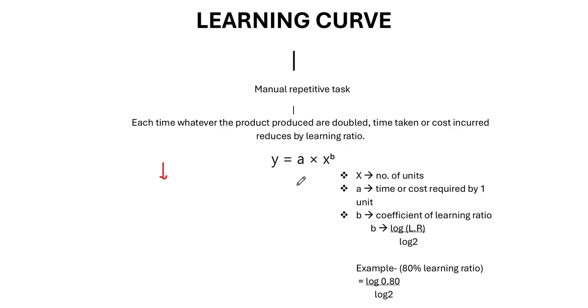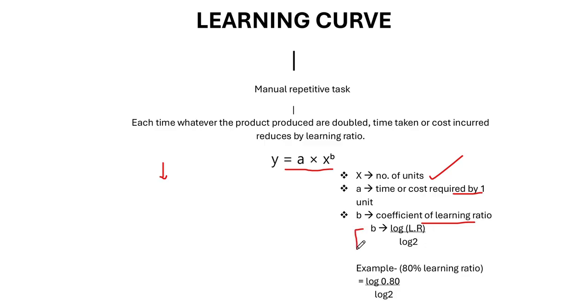We use a formula to calculate this. The formula is y equals a times x to the power b, where y is the average time per unit, a is the time or cost required by one unit, x is the number of units, and b is the learning index, which we calculate using logs, that is the coefficient of the learning ratio.